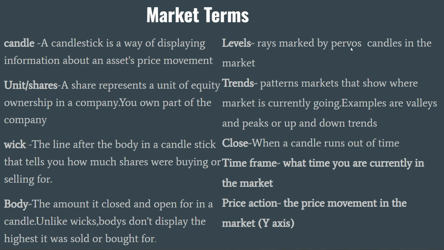Then there's levels. I accidentally had a typo right here, but levels are basically rays marked by previous candles in the market. They come from valleys and peaks mostly, which you probably don't know what that is, which I'll teach you in a different lesson.